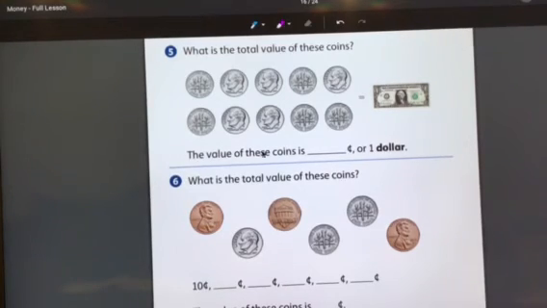So the value of these coins is blank cents or $1. 100 cents is the same as $1. So dimes are cents, so you call them cents. So all these dimes is 100 cents, but that is equal to the same as $1.